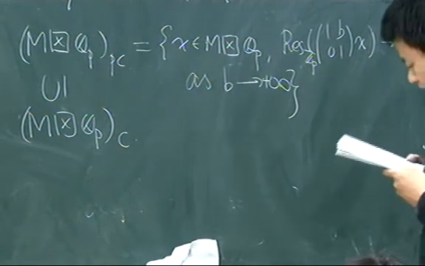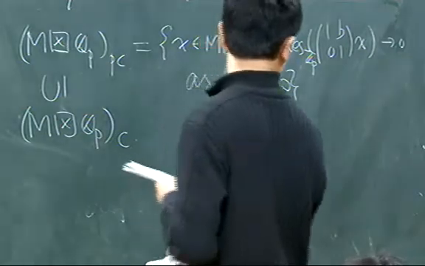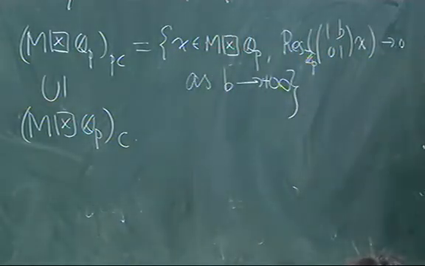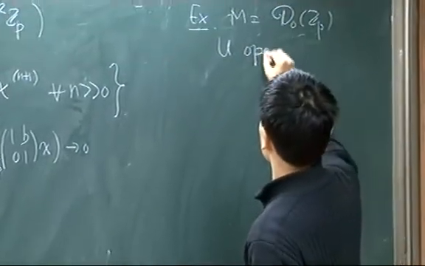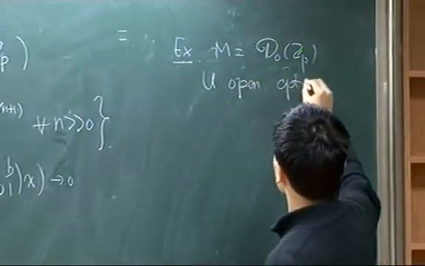So, example. One example is M just B0 V_P, and the U is open, compact in Q_P.